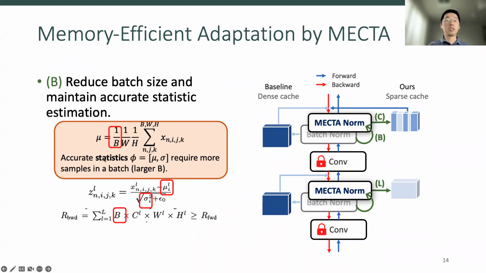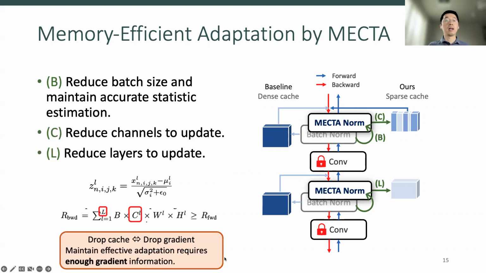Notice the statistic mu, or the mean, depends on the number of samples in this batch. If you reduce the batch size, the estimation will be less accurate. Therefore, you will not have a good normalization because you have a bias from a small sample size. So the problem is how can we maintain an accurate statistic estimation while we reduce the batch size.